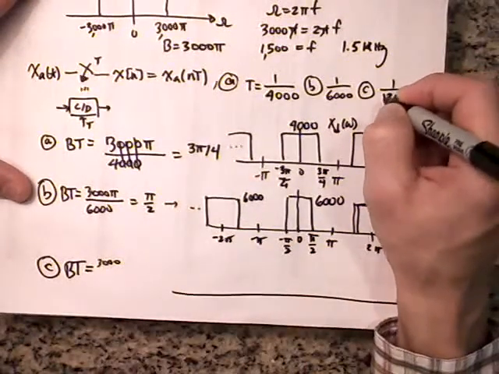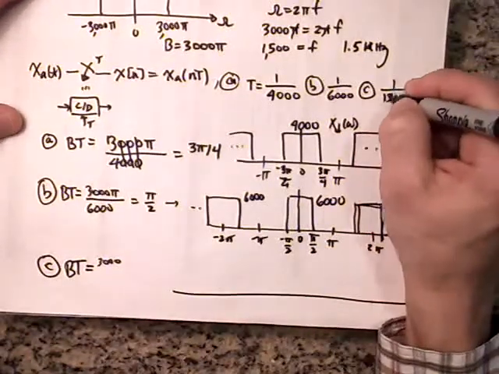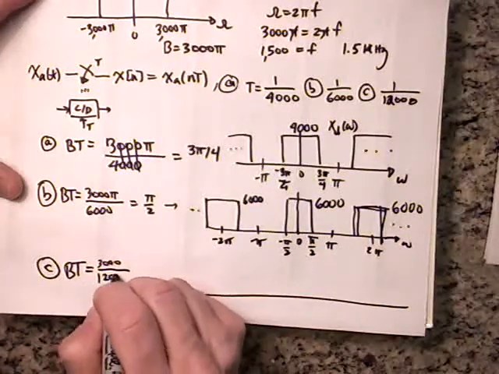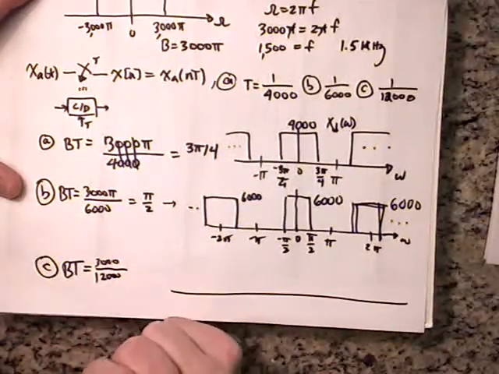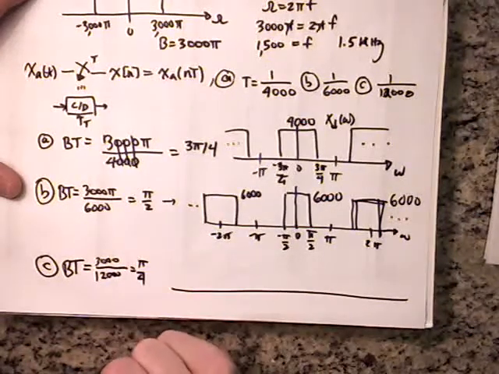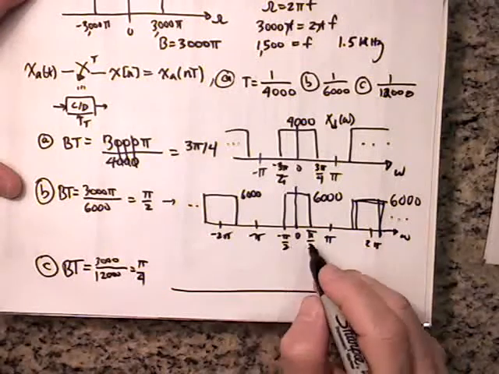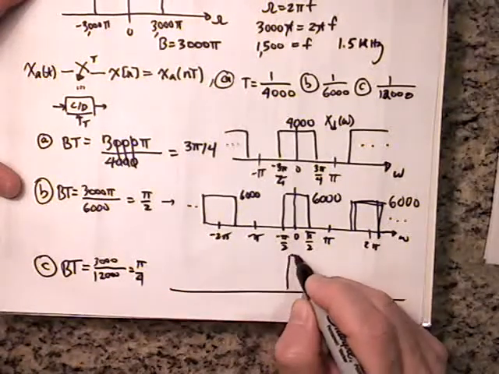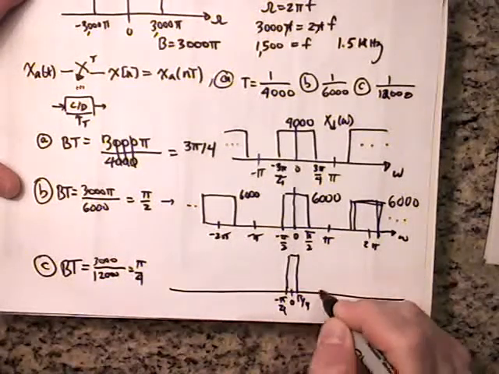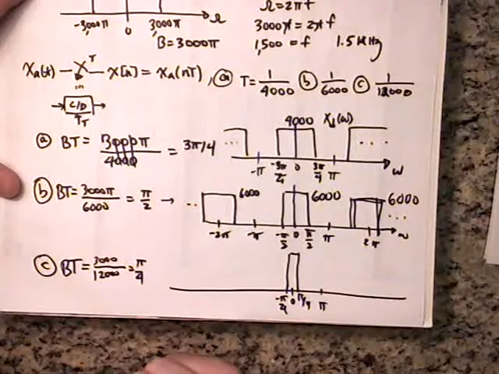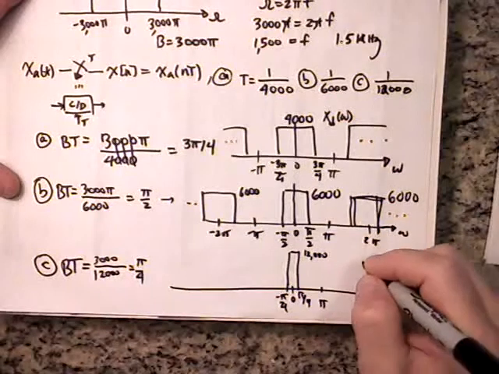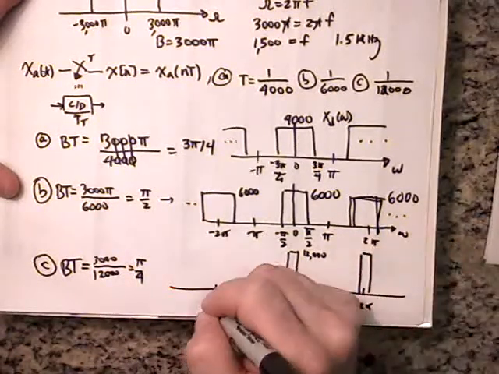Make it a nice round number instead of 13,000. 13,000 will make it ugly, so I'll make that 12,000. 3,000 over 12,000, or 3/12, which is 1/4, so that brings me to pi over 4. So instead of pi over 2, I now get half that width, pi over 4 to minus pi over 4. And the height is now 12,000, with copies at 2 pi and at minus 2 pi.